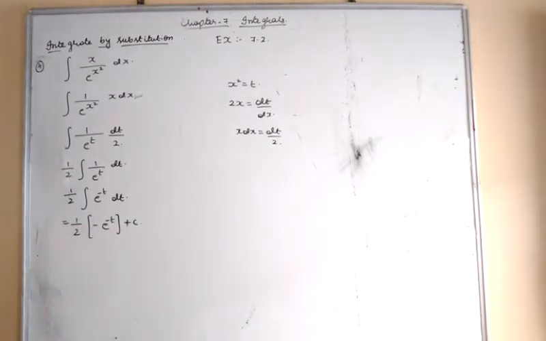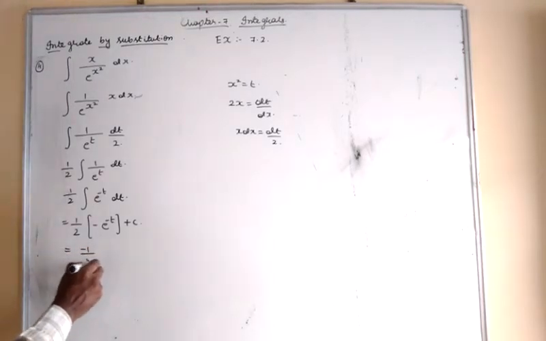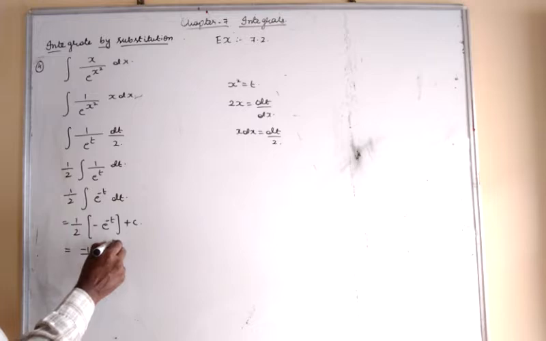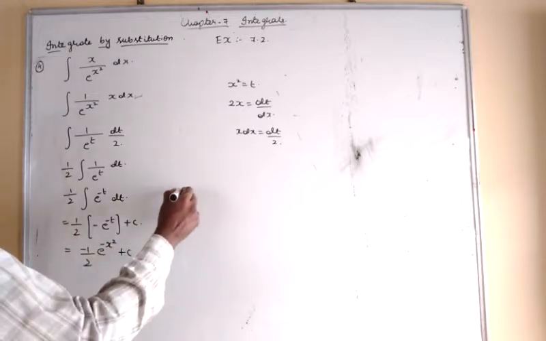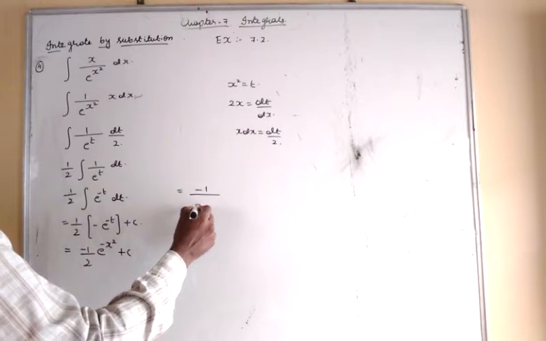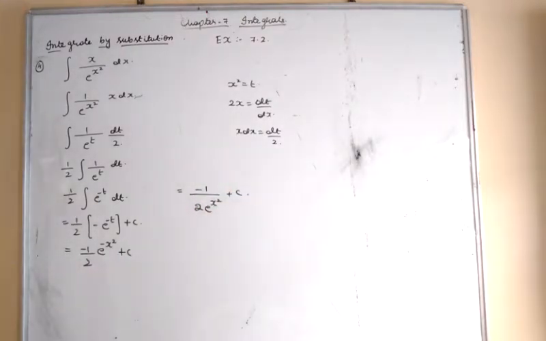Then substitute the value, minus 1 by 2 e to the power of minus x square plus c, that can be written as minus 1 by 2 e to the power of x square plus c.